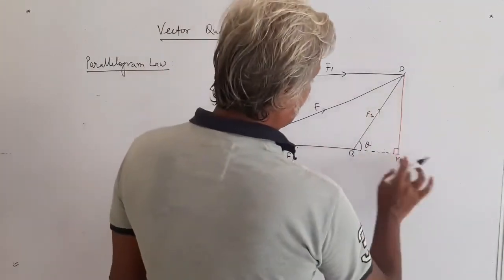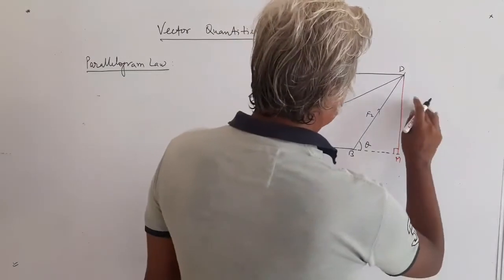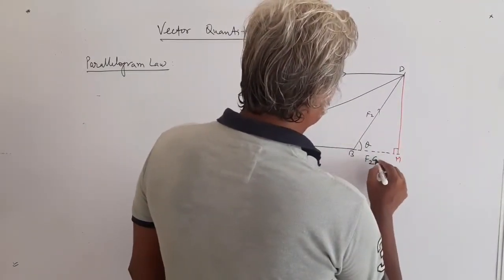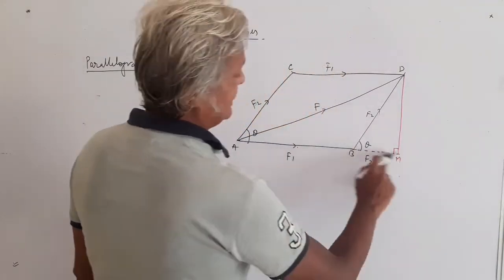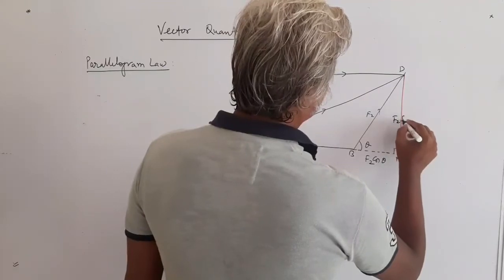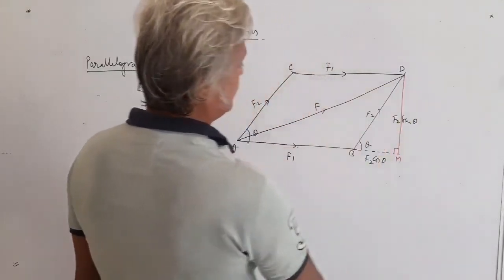Now using trigonometry, you find that BM bar is F2 cos theta because it is the adjacent part, and DM bar is F2 sin theta because this is the perpendicular part.